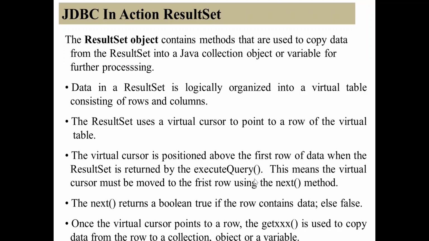Once the virtual cursor points to a row, we can get the information by using the getXX methods to copy the data from the row into a collection, an object, or a variable. So this is how the work process goes with JDBC in action: the result set.